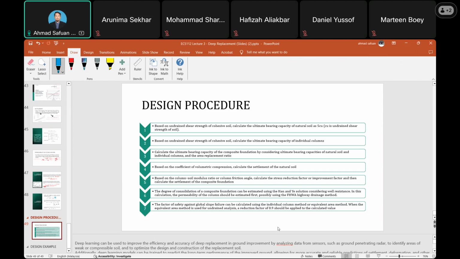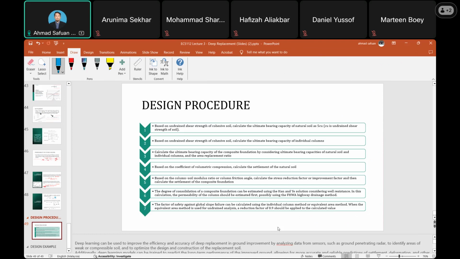Based on the undrained shear strength of the constitutive soil, calculate the ultimate bearing capacity of natural soil. Based on the undrained shear strength, calculate the ultimate bearing capacity of the individual column. Calculate the ultimate bearing capacity of the composite foundation by considering the ultimate bearing capacity of natural soil and individual column, and the area replacement ratio.